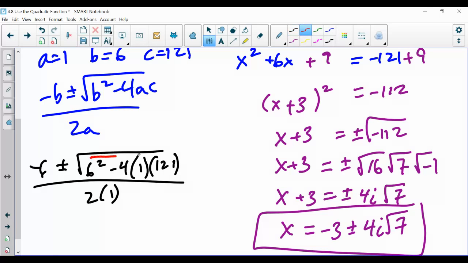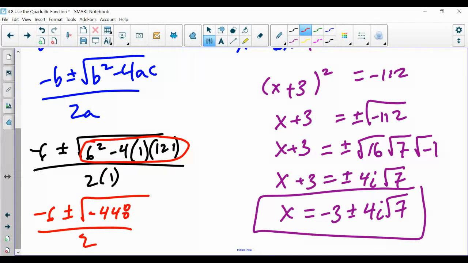What I've told you to do is type in the stuff underneath the square root. So it'll be negative 6 plus or minus the square root sign still. Don't type the square root in your calculator, but type all of this in. 6 squared minus 4 times 1 times 121 is going to give us negative 448.